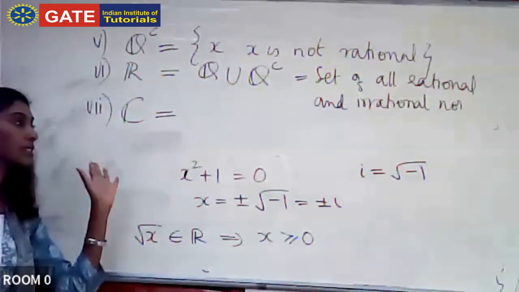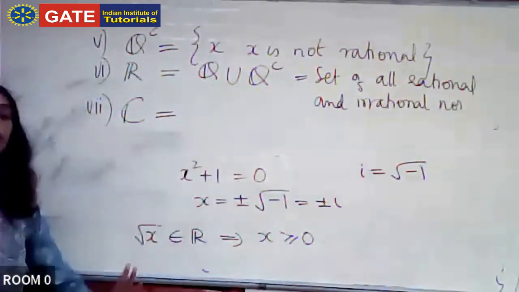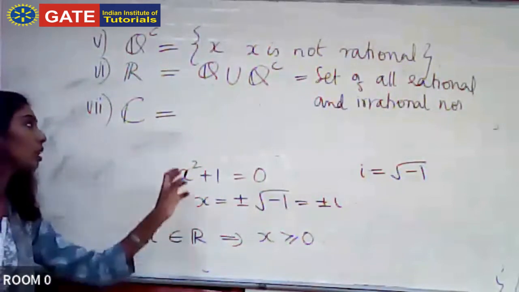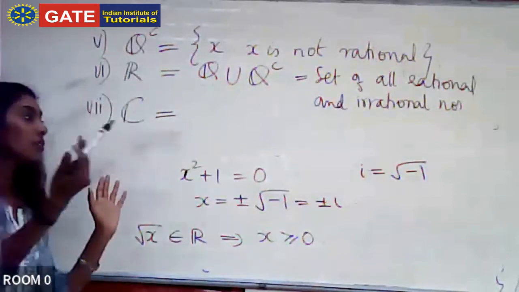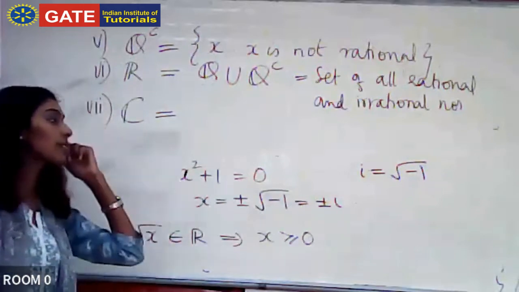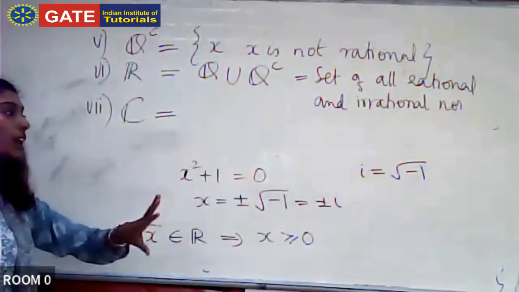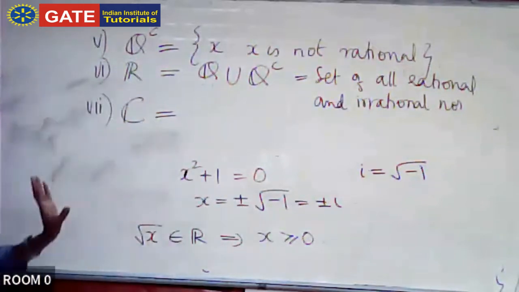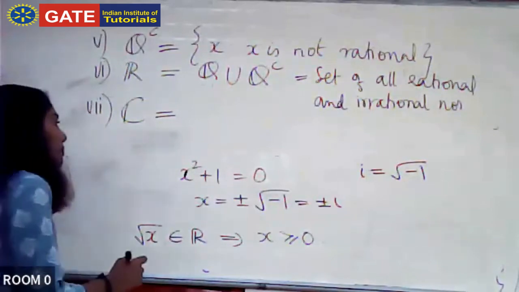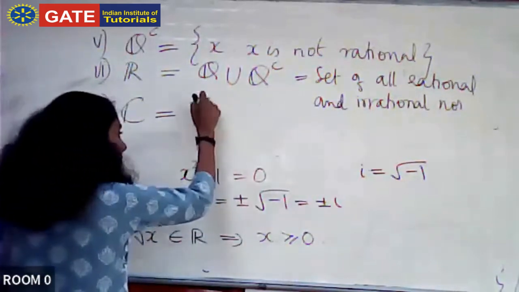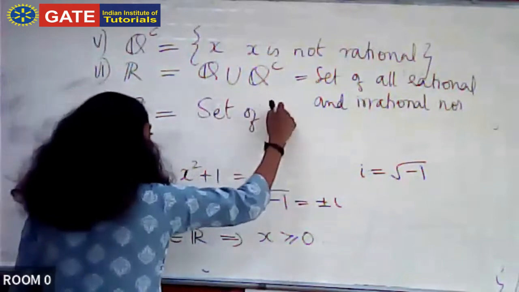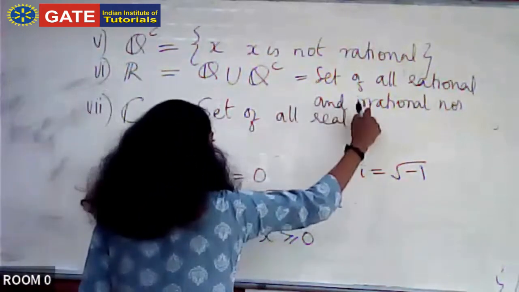So there should be some set to accommodate these imaginary numbers also. Along with the real numbers, they added the imaginary numbers, and the combination of real and imaginary numbers is called the set of complex numbers. Set of all real numbers and imaginary numbers.